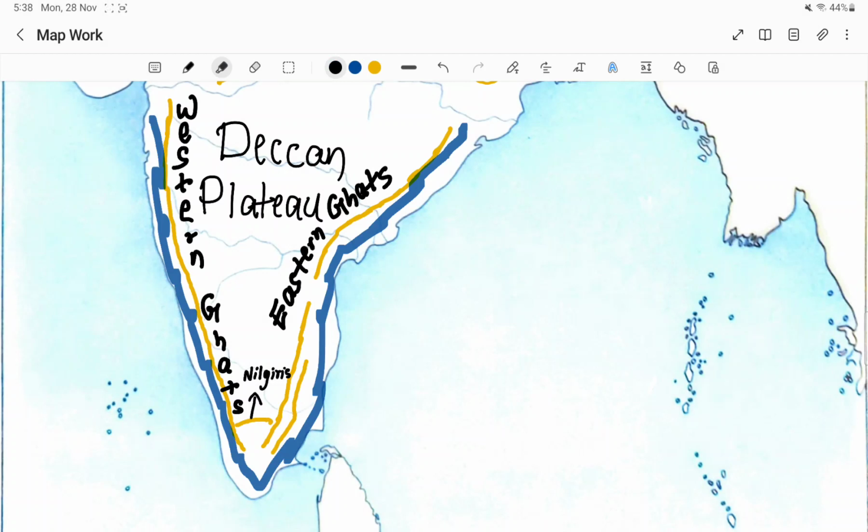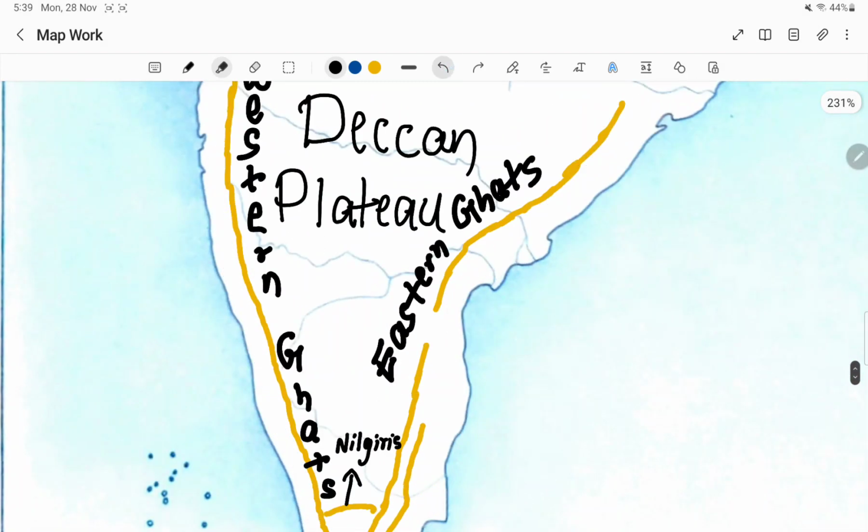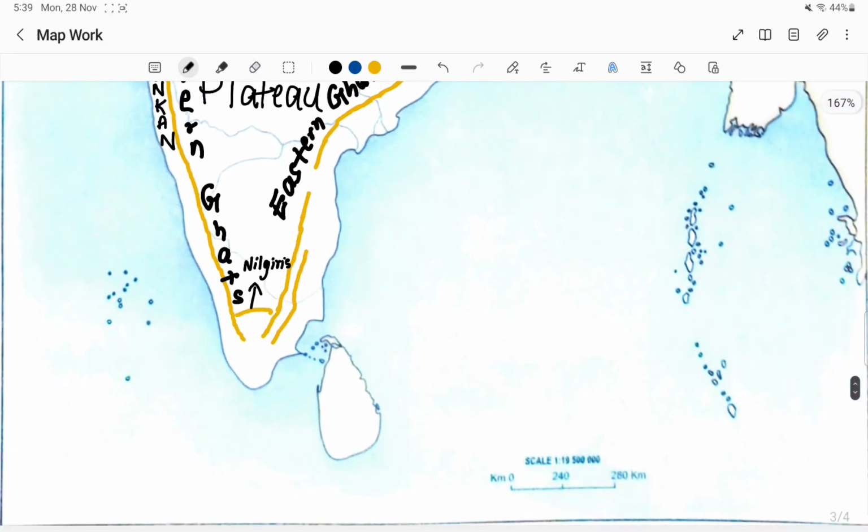So first coastal plain, that is the Konkan coast. So here lies the Konkan coast. After this comes the Malabar. After Malabar comes the Coromandel coast.